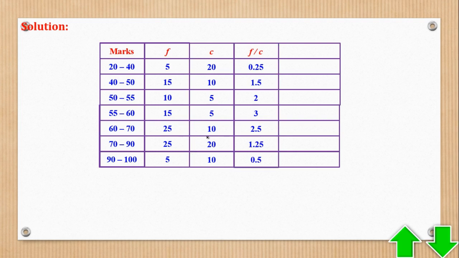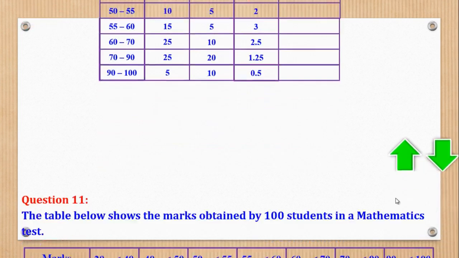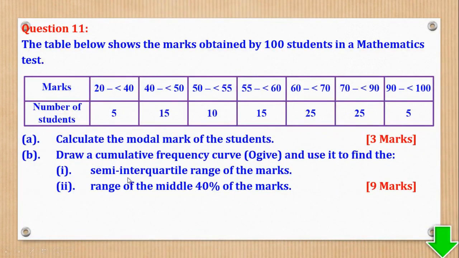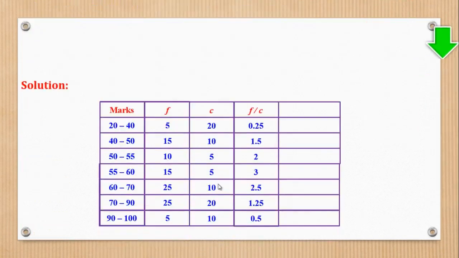Okay, now this will be used to get the mode, but also if you look at here, they ask for semi-interquartile range, or they ask for cumulative frequency, meaning we need a column of cumulative frequency.